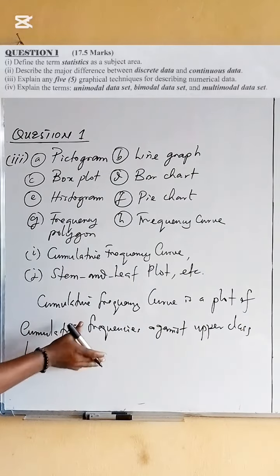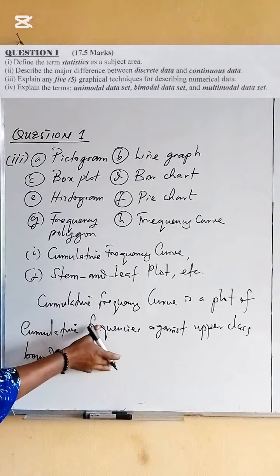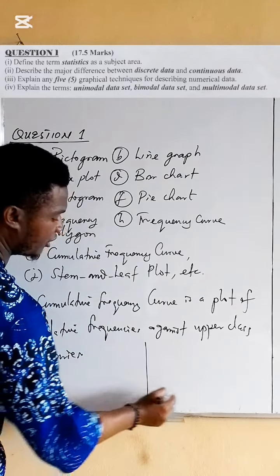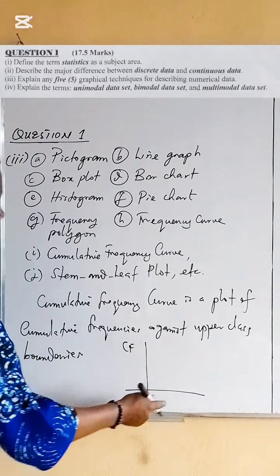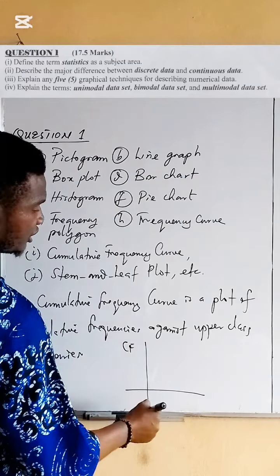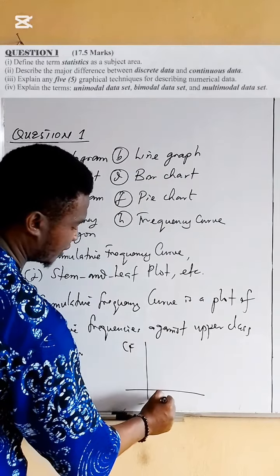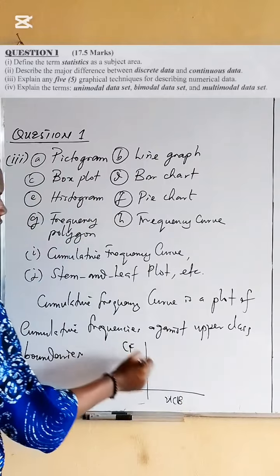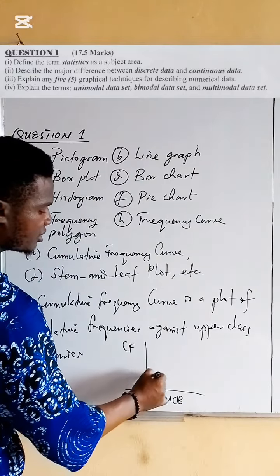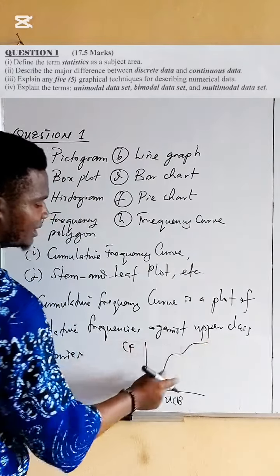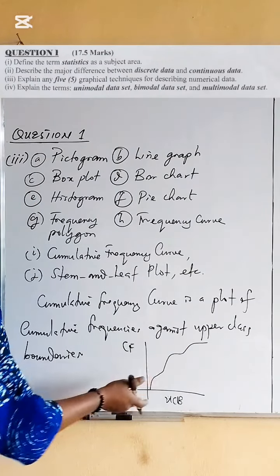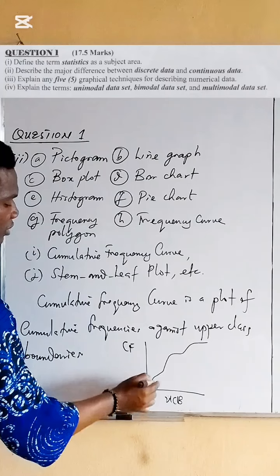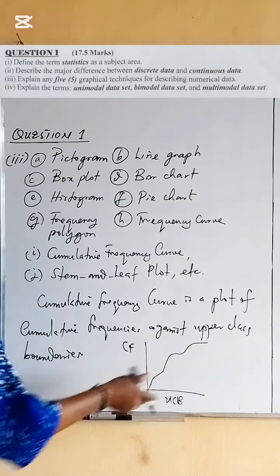So this defines what the cumulative frequency curve is. Here on the vertical axis, you would have cumulative frequencies, and on the horizontal axis, you would have upper class boundaries. Okay, so when you plot this curve, you would end up having something that looks like this. This kind of curve is called the cumulative frequency curve, a plot of cumulative frequencies against upper class boundaries.